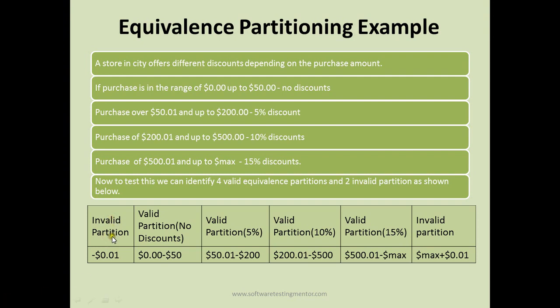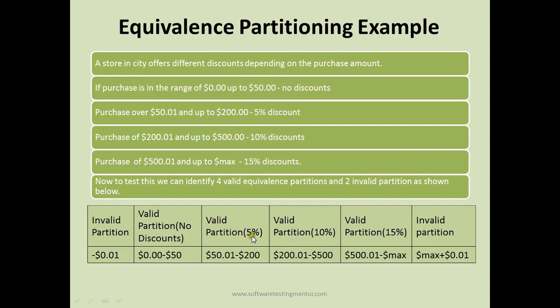So now you can test some values in the invalid partition, in negative. You can check what's the outcome when you enter any negative purchase amount. What's the outcome when you enter any valid value which is less than $50 or up to $50, you should get no discounts.